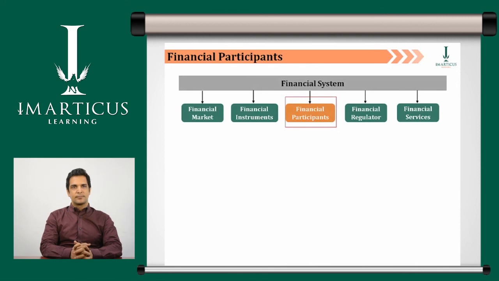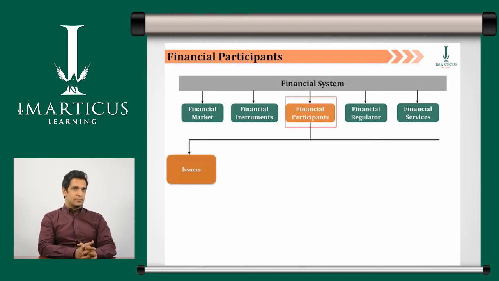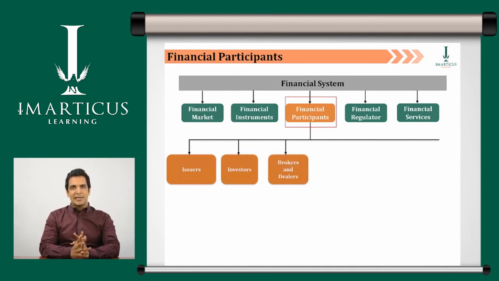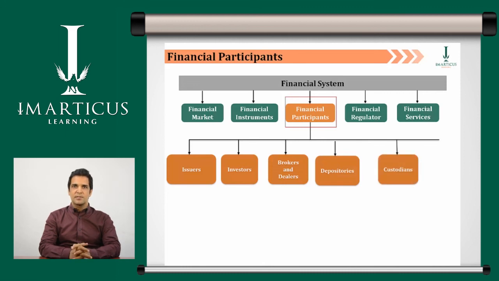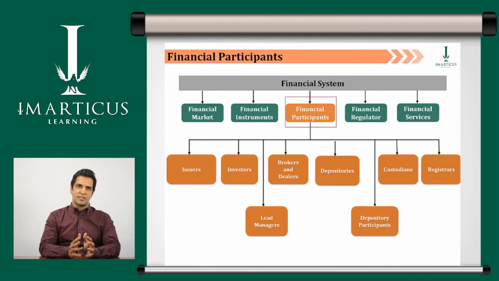So, who are the key players in a financial system? Participants include issuers, investors, brokers and dealers, depositories, custodians, registrars, lead managers, and depository participants.